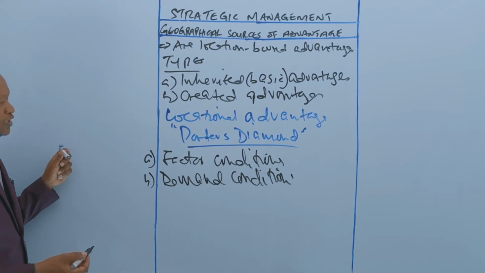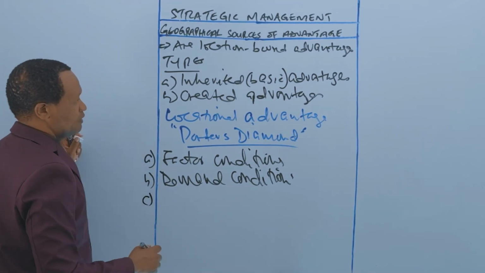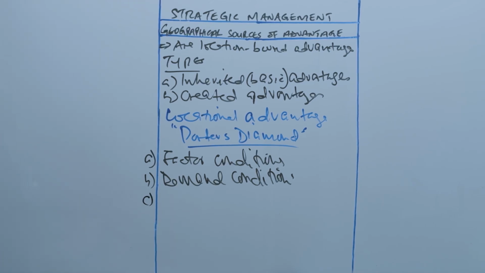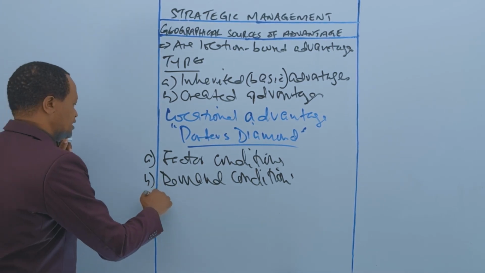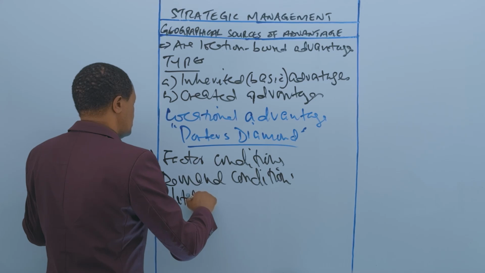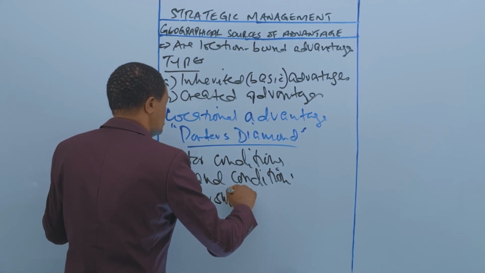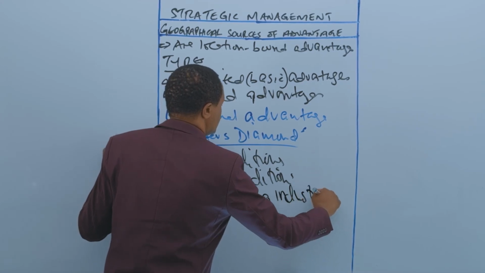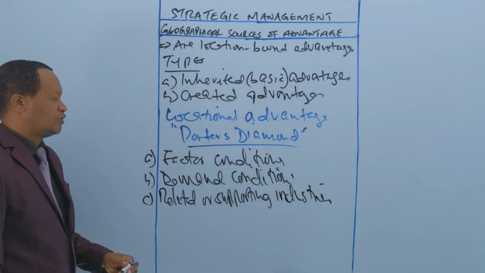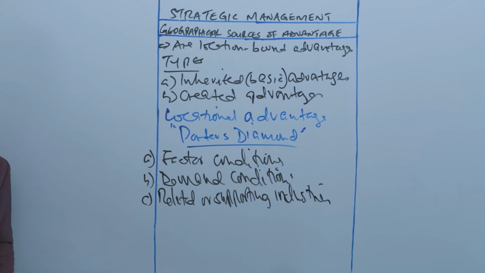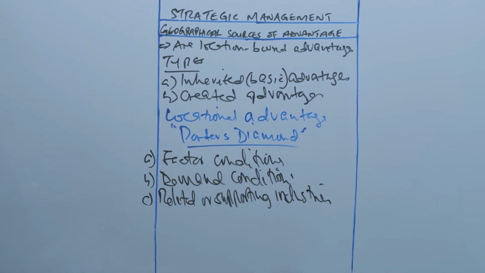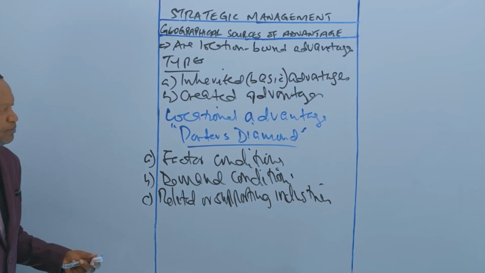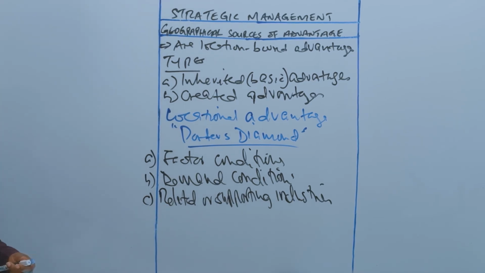Then in understanding locational advantage, there are the related or supporting industries. This explains why a company may have a locational advantage. The presence of a cluster of world-class suppliers can also help a company in having locational advantage.